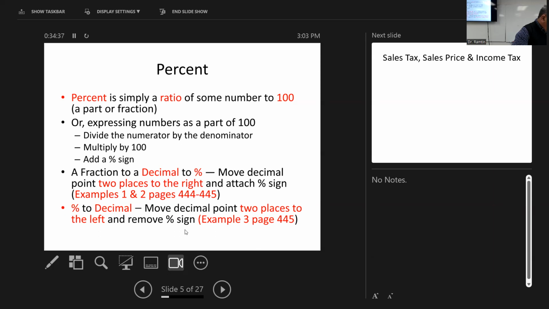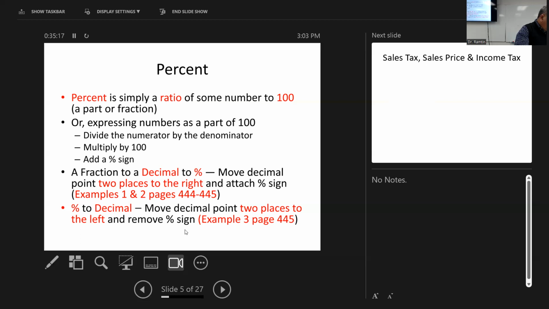So you divide the numerator by the denominator. 5 divided by 8, the answer is 0.625. Then you multiply it by 100. 0.625 times 100. You see, here's a decimal point. When you have a decimal and you want to change it to a percentage, you move that decimal point toward the right. So it moves two places, 62.5, and then you just put the percent sign.